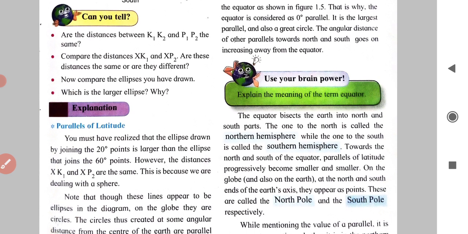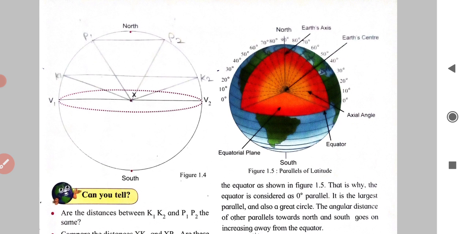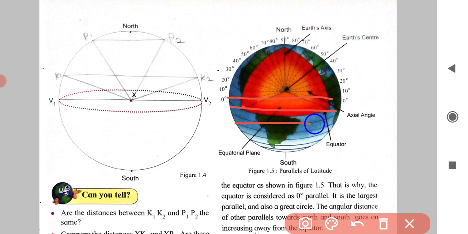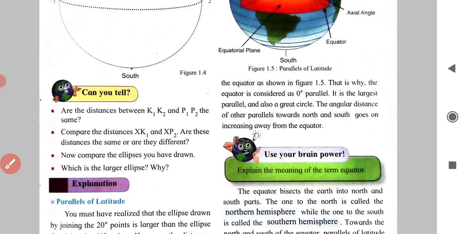Towards the north and south of the equator, parallels of latitude progressively become smaller and smaller. See, when these lines go up or down, they become smaller and smaller. See, this equator is the largest, then downwards it becomes smaller, then smaller still.